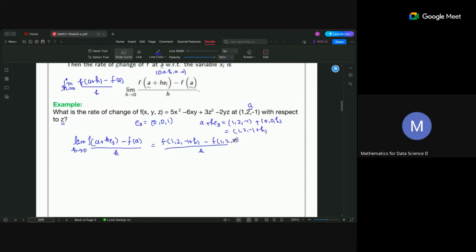So now first tell me, what is f of 1 comma 2 comma minus 1? Substitute the values and calculate and tell me the answer alone.